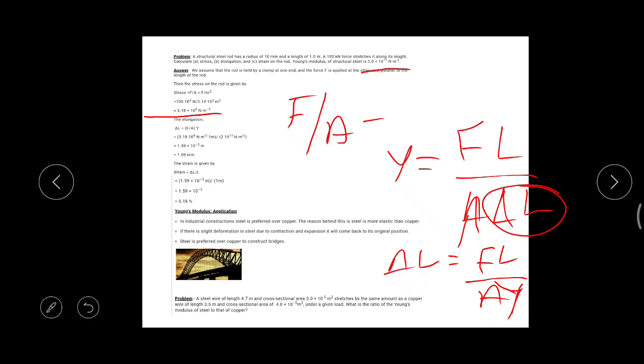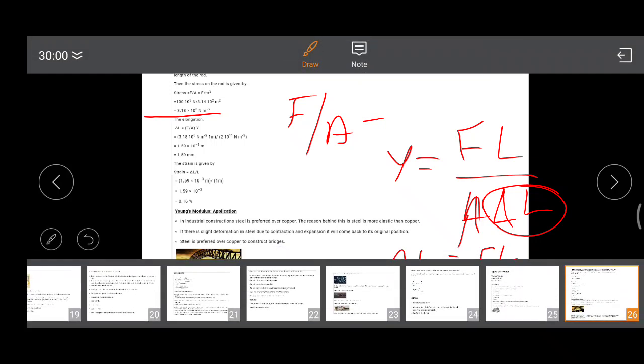So these are the major things. The shear stress, shear modulus and bulk modulus we will discuss in the coming sections. In your textbook, some more examples are there. Go through the examples, then it will be very easy to understand the concept.